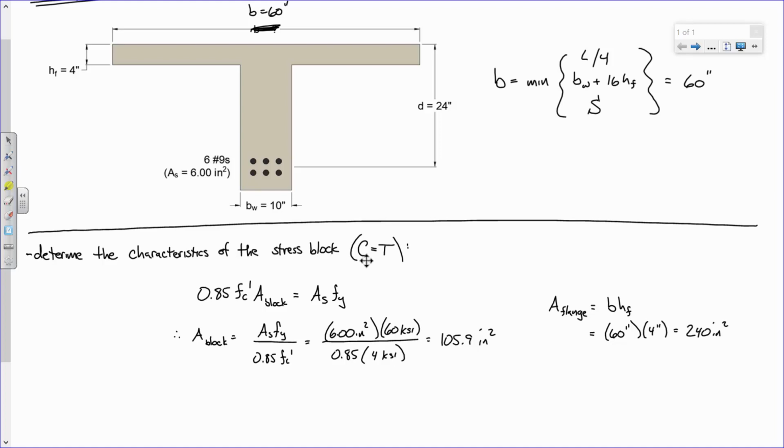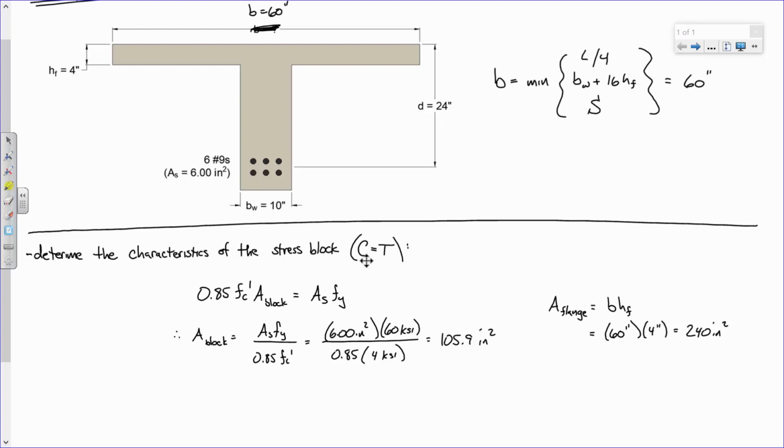Okay, so let's take a look at these two numbers. The area of the stress block is 105.9 square inches. That means I need 105.9 square inches of concrete in compression. That's how big my stress block needs to be such that C equals T. My flange is 240 square inches.